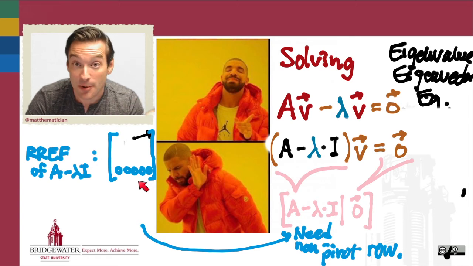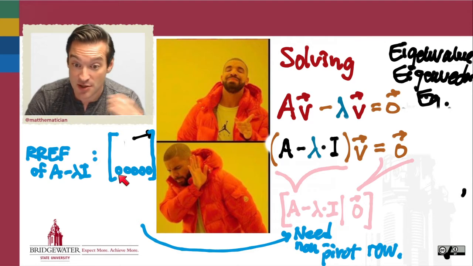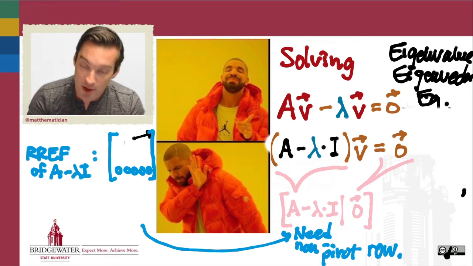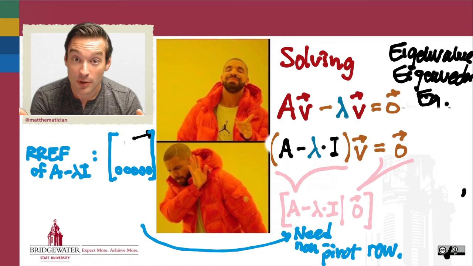Because 17 times 0 is just 0. But that operation has to change the determinant of my matrix by a factor of 17. So whatever the determinant of this matrix is must be equal to 17 times its own determinant.